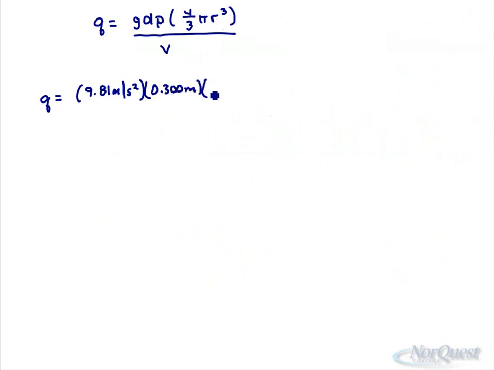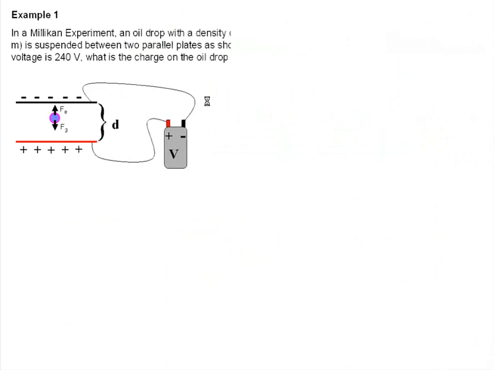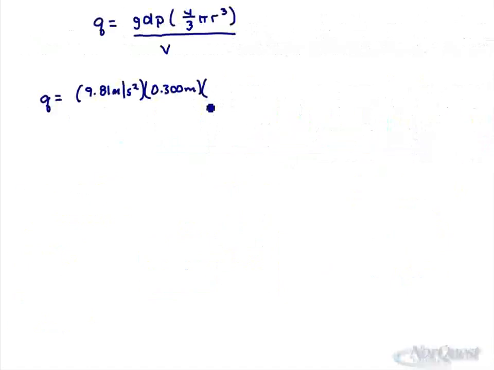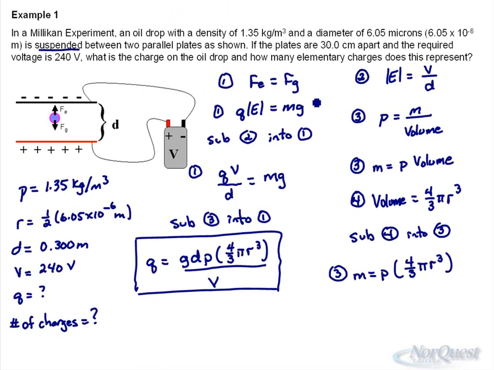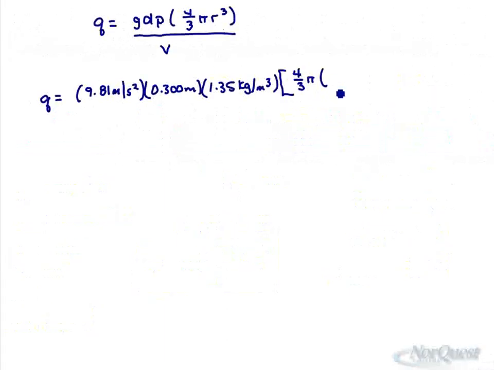The density was 1.35 kilograms per meter cubed times the volume, 4/3 times pi times the radius, which I'm going to write as 1/2 times 6.05 times 10 to the negative 6.